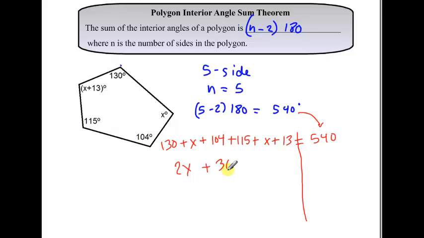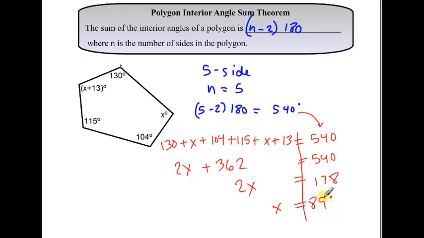All right, let's bring down the 540. Now I'm just going to subtract the 362 off of this side. When I take away 362, I'm going to get 178. And then you know what to do, divide both sides by 2. That gives me 178 divided by 2. I got 89. So the value of x is 89.